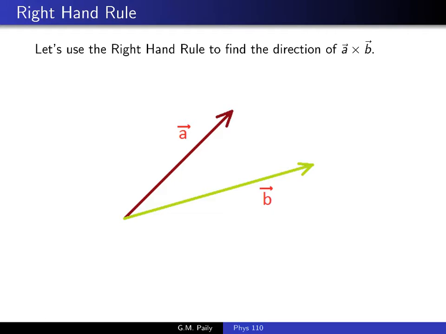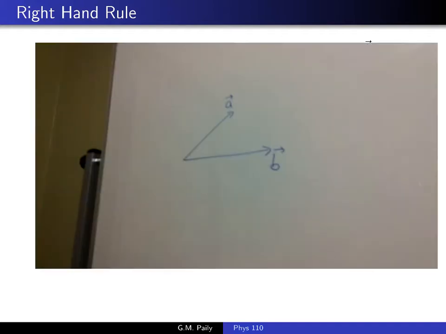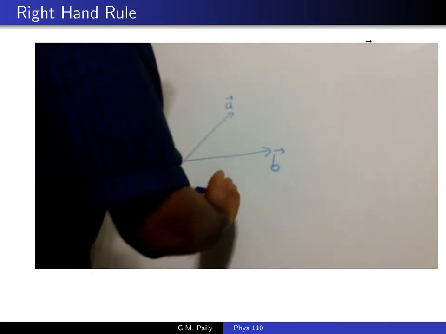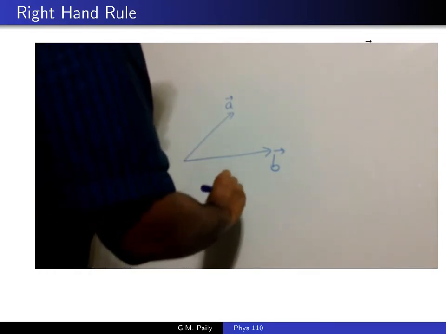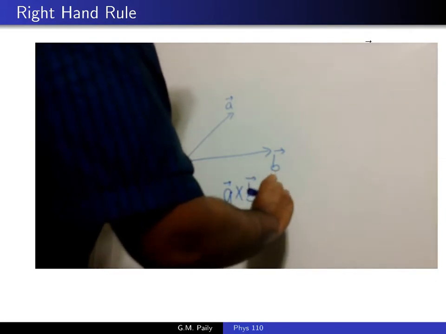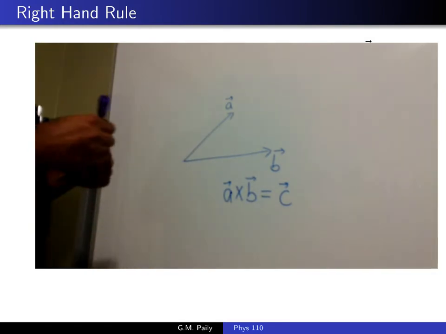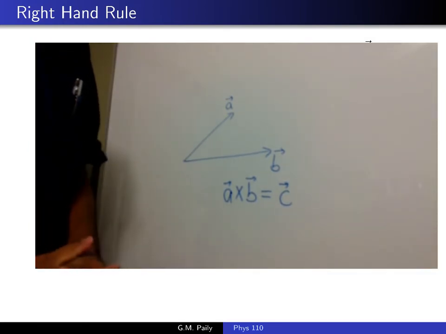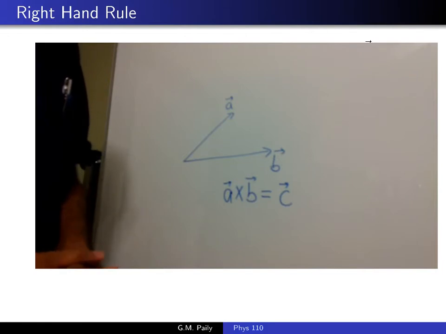Let's say these are two vectors, A and B. Let us denote the cross product of A and B by the vector C. Remember, with the cross product, the order in which you multiply the vectors matters.